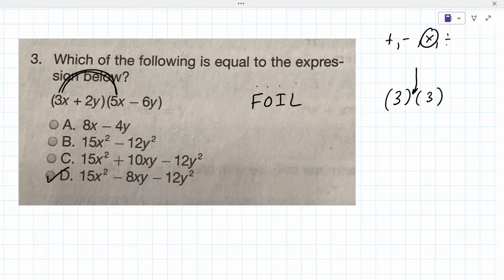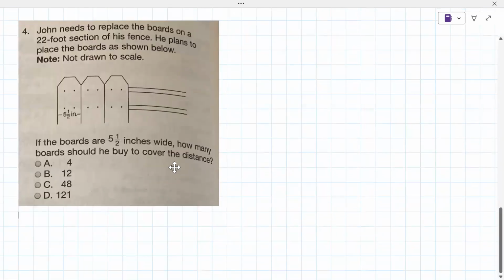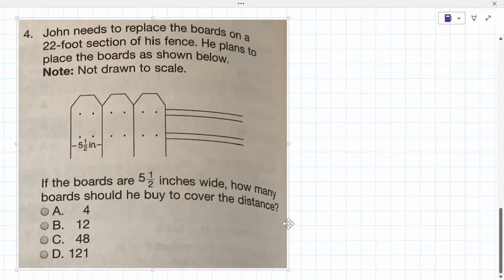What's the fourth one? Let's take a look here. This one's got a little bit more to it. All right, so John needs to replace the boards on a 22-foot section of his fence. He plans to place the boards as shown below, not drawn to scale.